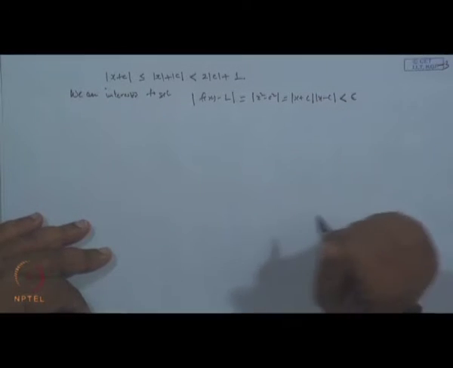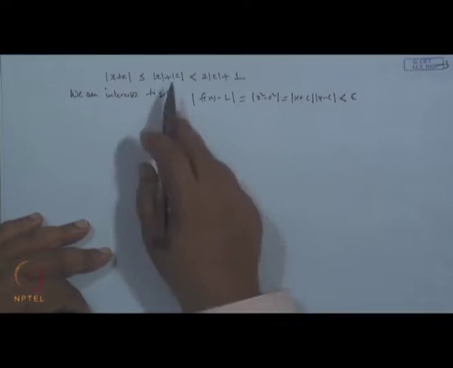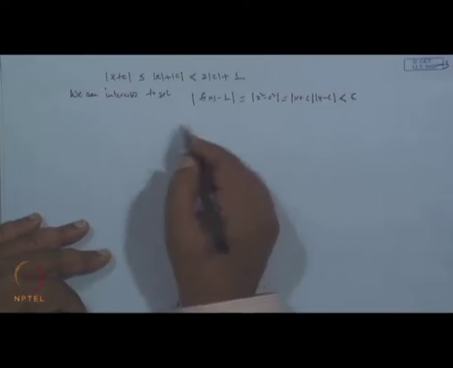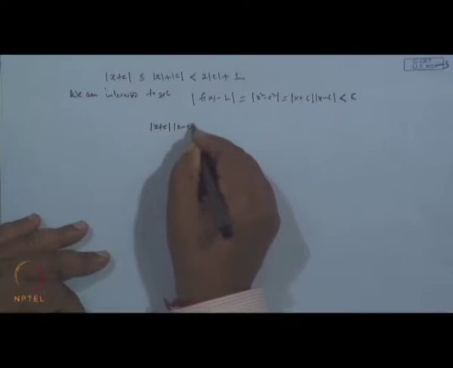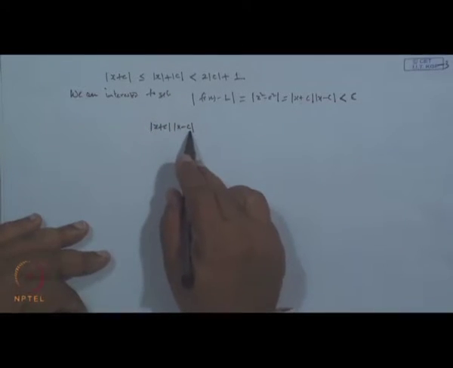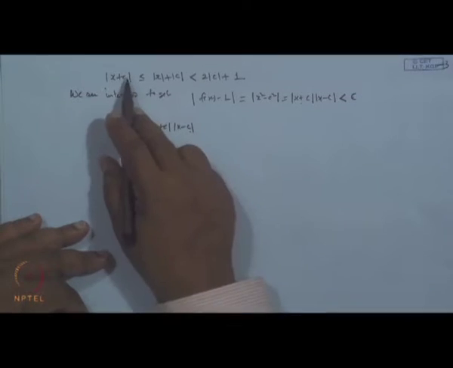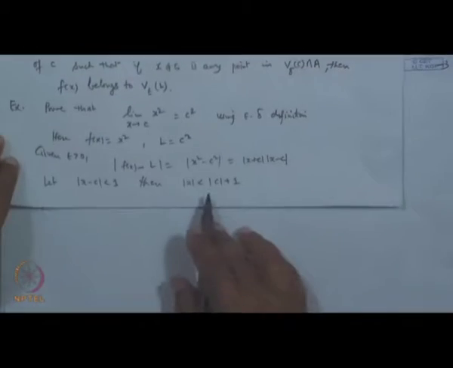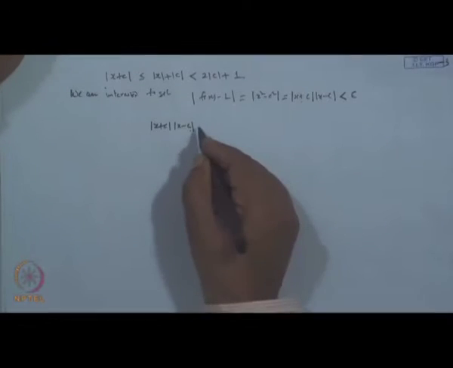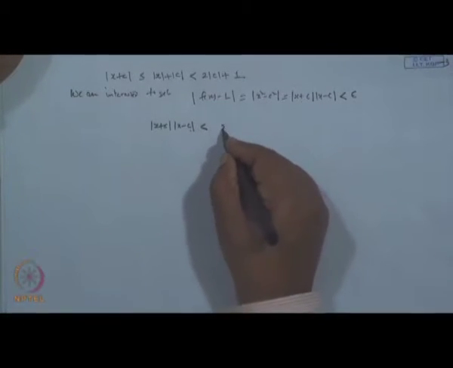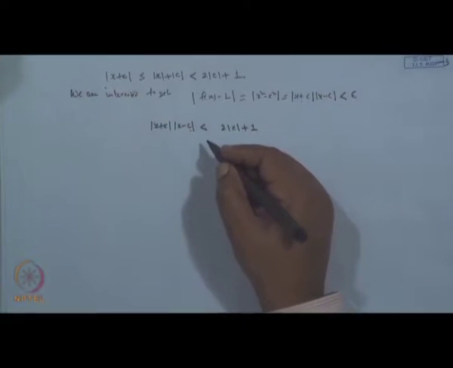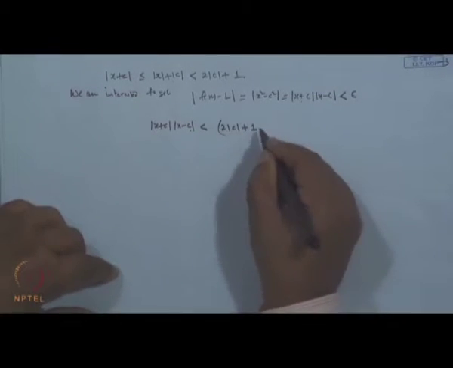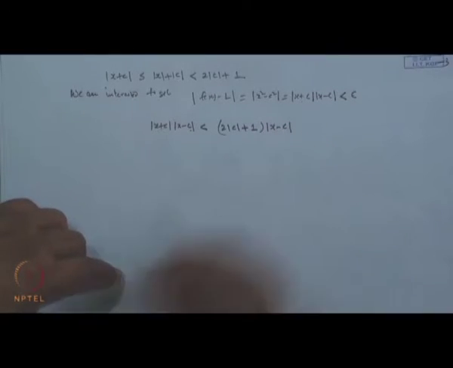Now, the bound on mod x plus c is already obtained. When mod x minus c is less than 1, the bound for mod x is obtained from here. So, this is less than 2 times (mod c plus 1) into mod x minus c.